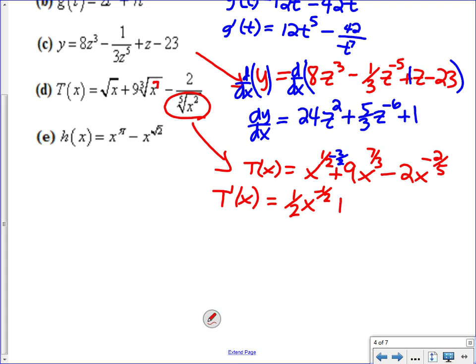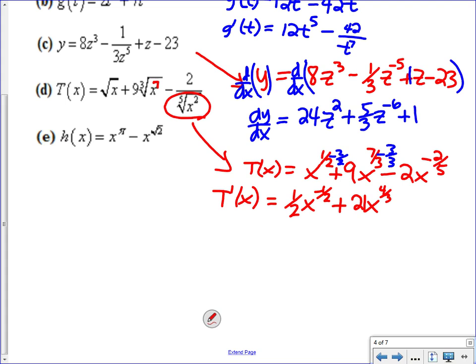All right, plus, now, 7/3 times 9. That's going to equal 21 x. Now, again, we're going to subtract 1 from our exponent, but we need a common denominator. So make that 3/3. 7 minus 3 is 4, so this becomes 4/3.